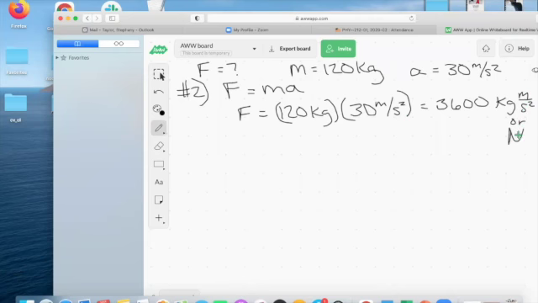So you could put a capital N, or you could put kg times m over second squared. For your answer, I would take either of these SI units, but you need to make sure you include the SI units with your numerical value, or you're going to lose points.